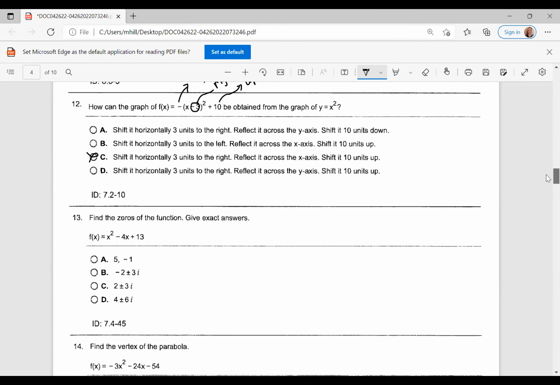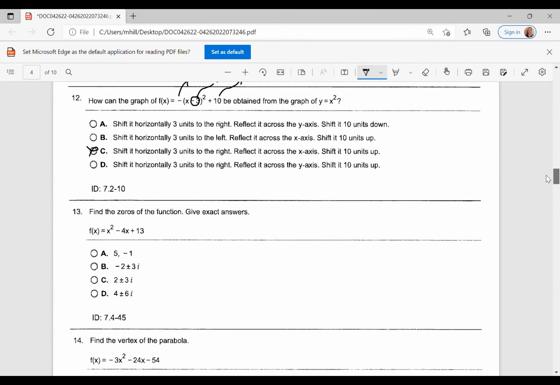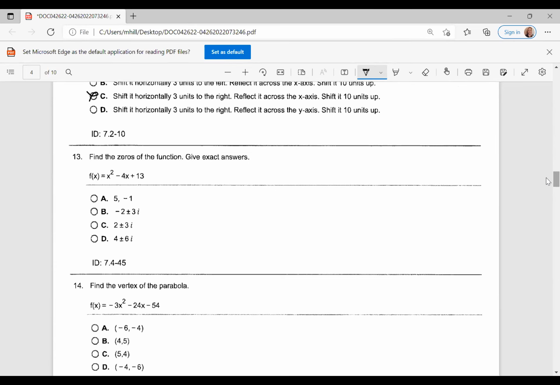So number 13, it says find the zeros of the function. To find the zeros, we want to find the answers. You can do this 2 ways. You can use your polyroot finder here. I'm noticing that a lot of these answers have I's in them, so that makes me think we're going to have to use the quadratic formula to do this problem.